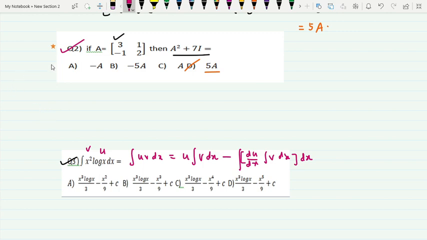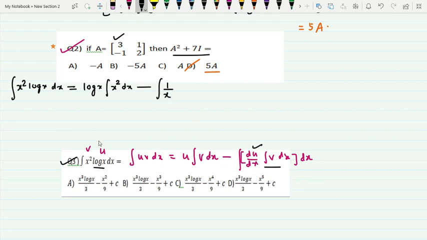So this will be the integral of x square into log of x dx: u as it is, that means log x as it is, times the integration of x square dx, minus the integral of the derivative of log x, see here du by dx, the derivative of u, that is the derivative of log x, which is 1 upon x, and then there is the integration of v dx.